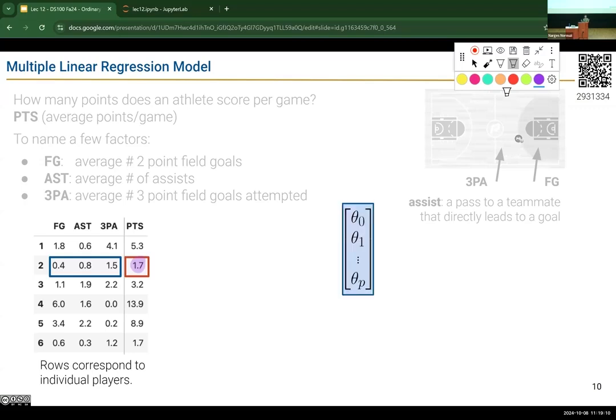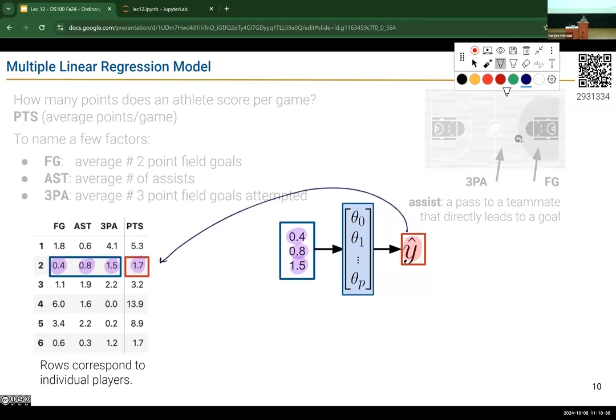My model is then going to look like exactly the same blue machine, the blue box that I was showing you, parameterized by all of those parameters. The input feature vector goes in, and you can verify that this is 0.4 right here, this is 0.8 right here, and this is 1.5. And what I'm expecting is to get a prediction y hat that is hopefully as close as possible to this ground truth value.